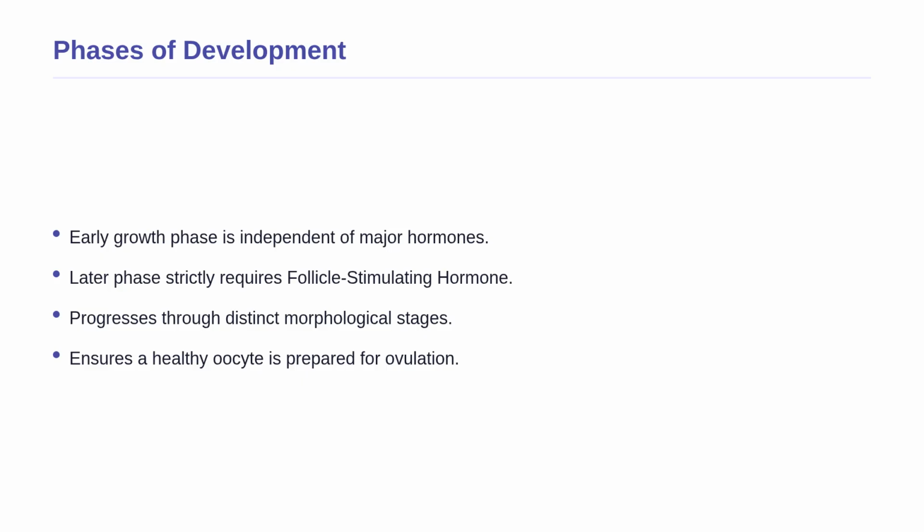During this progression, the follicle passes through distinct morphological stages: primordial, primary, secondary, early antral, and finally, the mature Graafian follicle. Ultimately, this highly regulated sequence ensures that a healthy, competent oocyte is perfectly prepared for ovulation and potential fertilization.